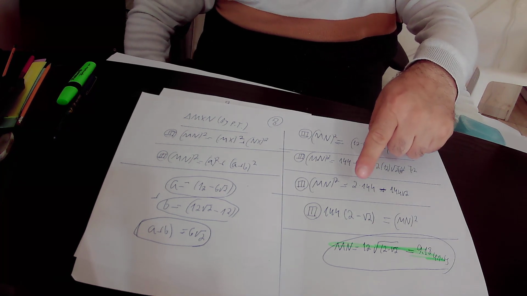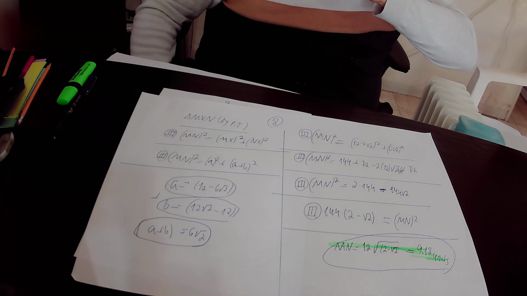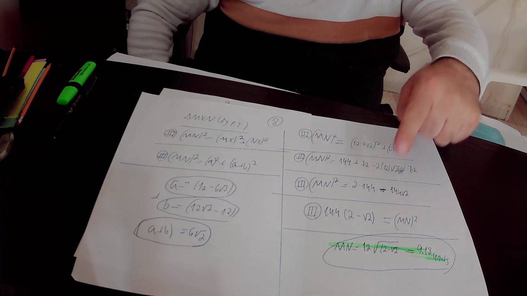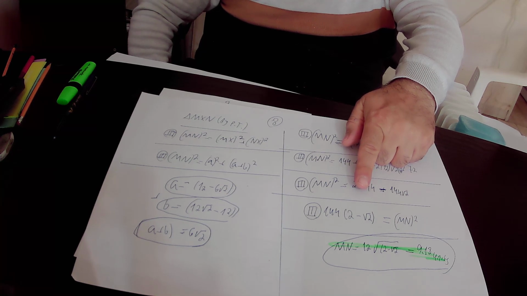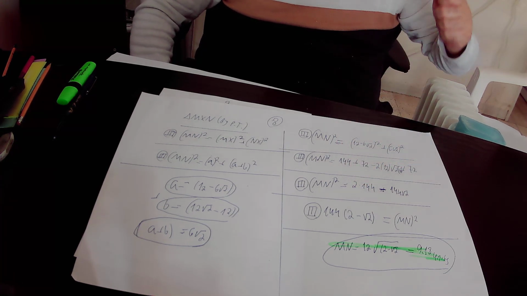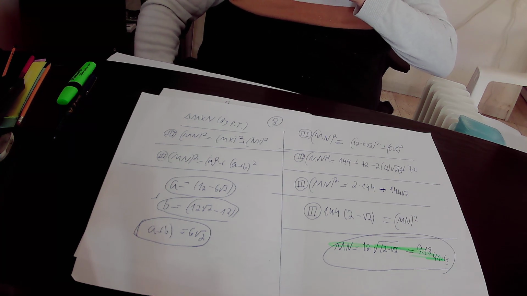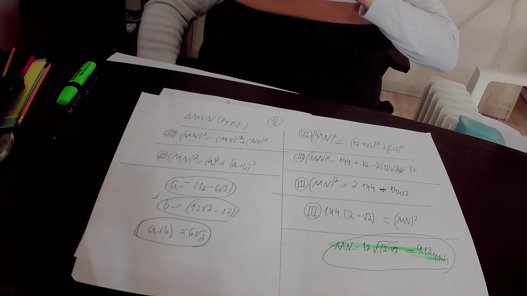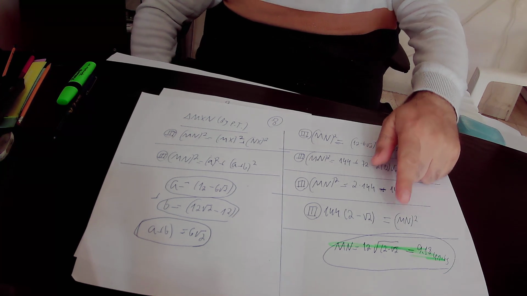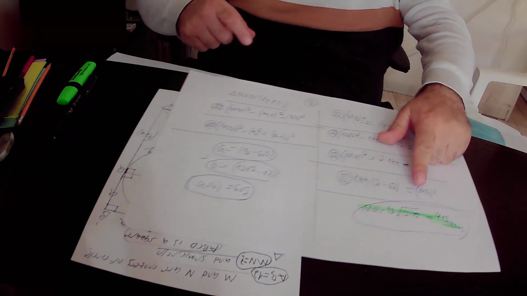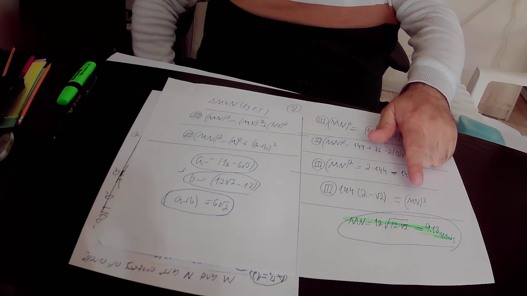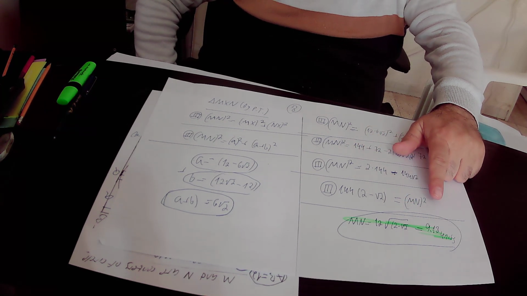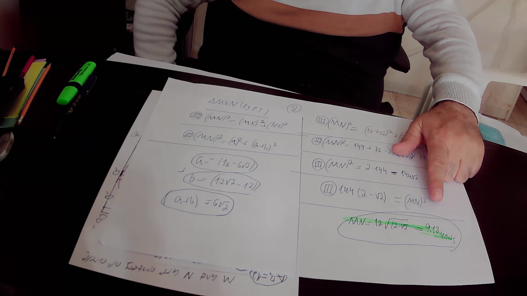We took a root out of this equation, equation number 3, and we got that the square root of 144 is 12, times the square root of 2 minus square root of 2. So in conclusion, MN, that is the distance between the centers of the semicircle and the circle itself, equals 12 times the square root of 2 minus square root of 2, or in terms of numbers, MN equals 9.18 units.